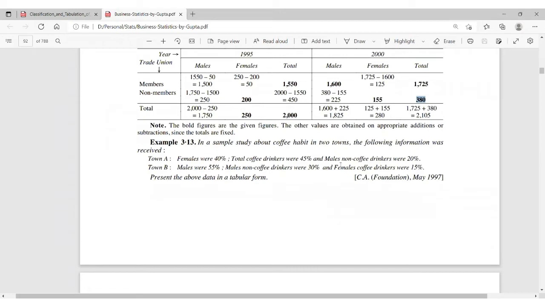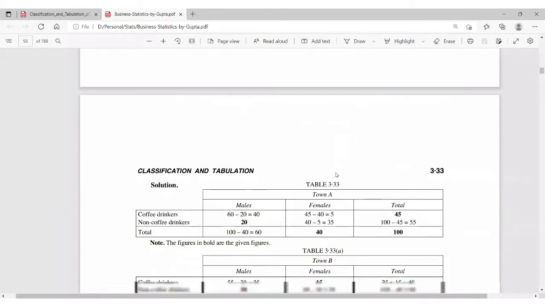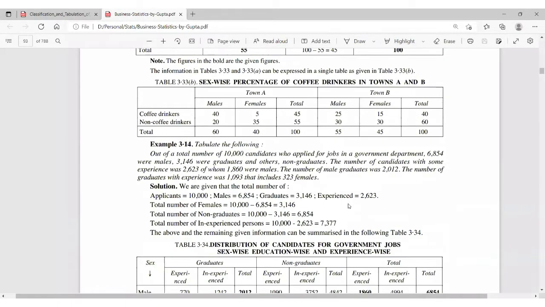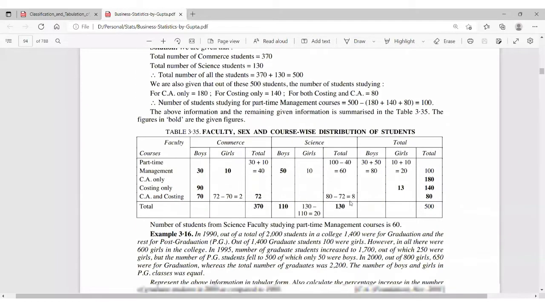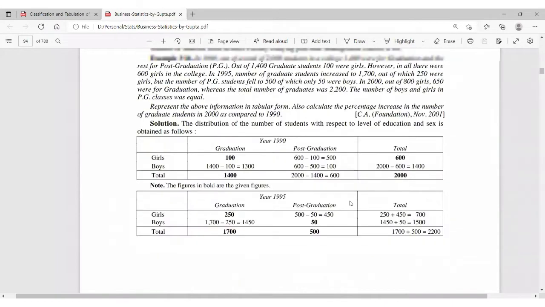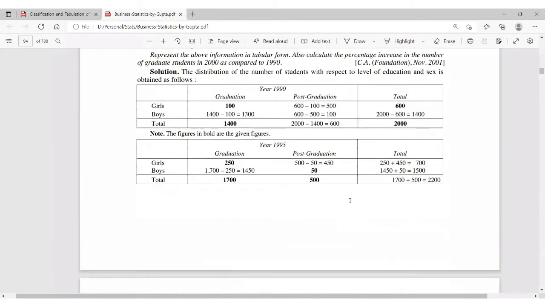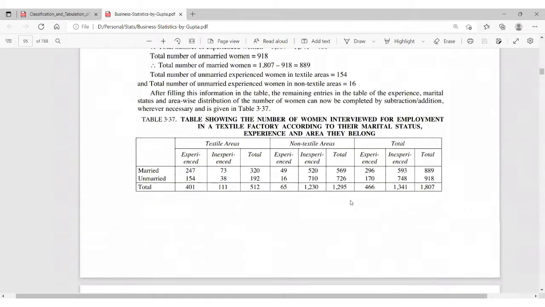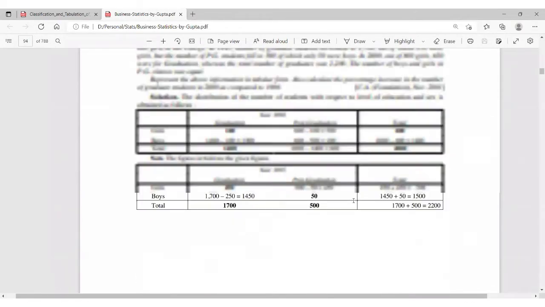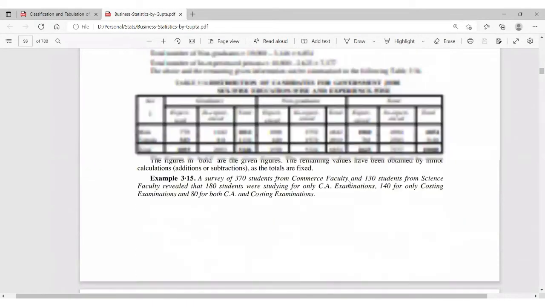It is similar with the second question. That is a similar way. Do this one.